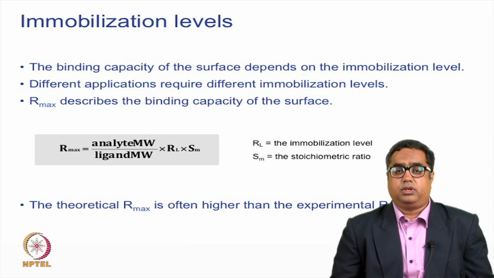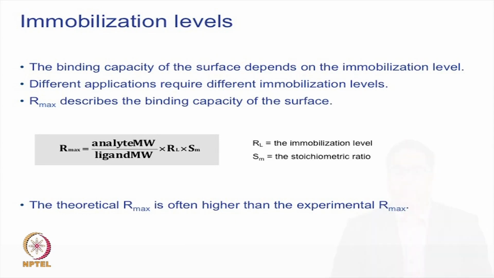Once the level is determined, we ask the machine to immobilize to that particular level. Sometimes we can also go with time and flow mode, in which you just ask the machine to flow your molecule at that particular pH for some amount of time at a particular flow rate, and whatever immobilization happens at the end is the immobilization level.